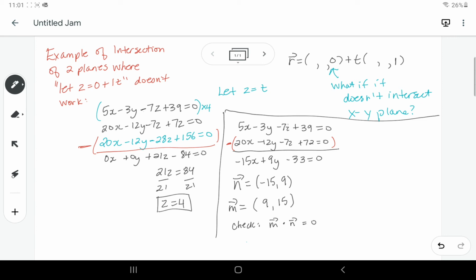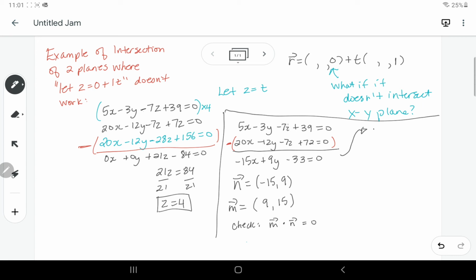I'm going to try and pick something that works well. I just need any point on this line, and I'm looking for one that's going to work out to whole number values.